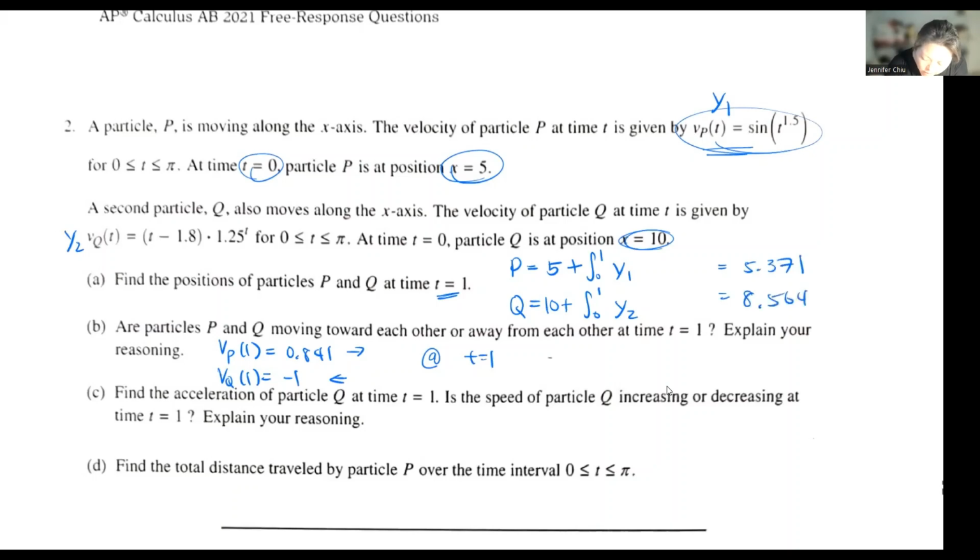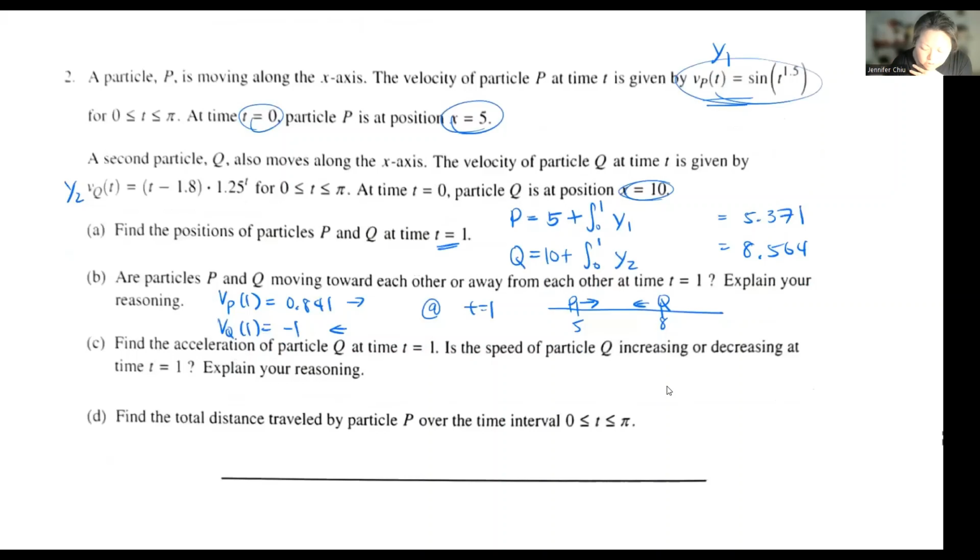So when you kind of graph this out, this is 5, this is 8, so this is where particle P is, this is where particle Q is. Particle P is moving to the right and particle Q is moving to the left. So they are moving towards each other and not away from each other. So you have to know their position at t equals 1, and then look at your velocity to see which direction they're heading at that moment, okay?